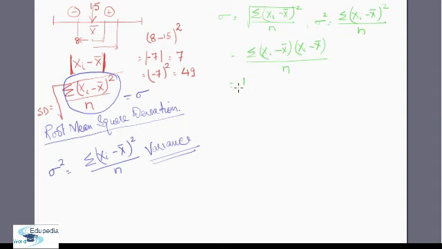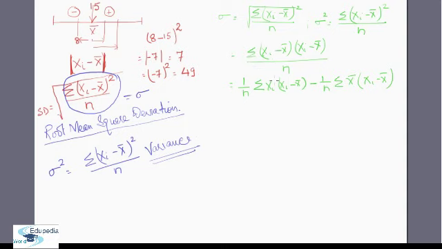Let me take 1 by n outside, and then we have summation of xi multiplied by (xi minus x bar), and then minus 1 by n summation x bar into (xi minus x bar).